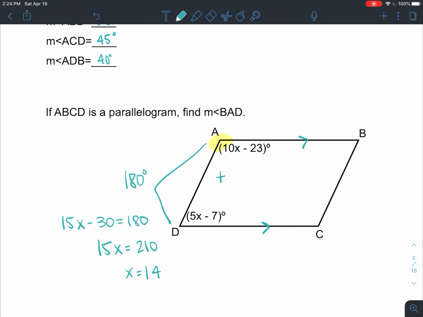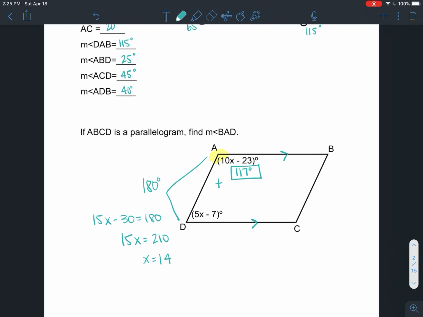Make sure that you plug it back in. So I'm going to do 10 times 14, which is 140, minus 23, which gives me a value of 117 degrees.